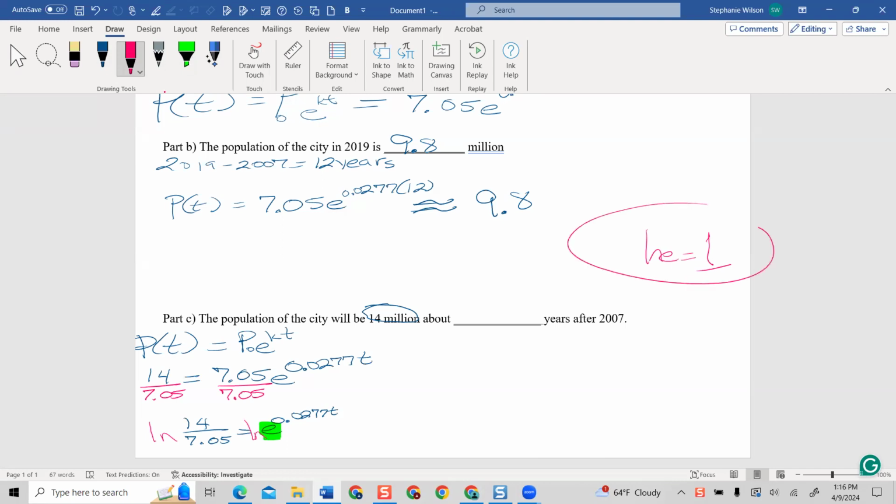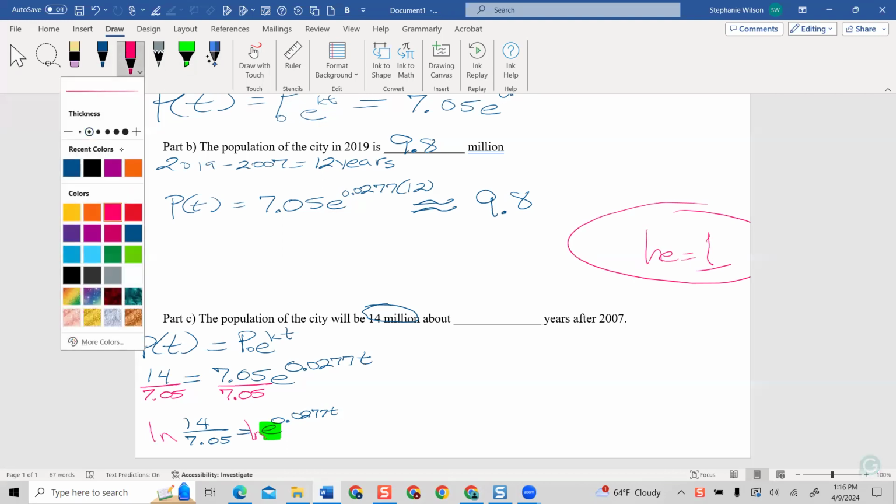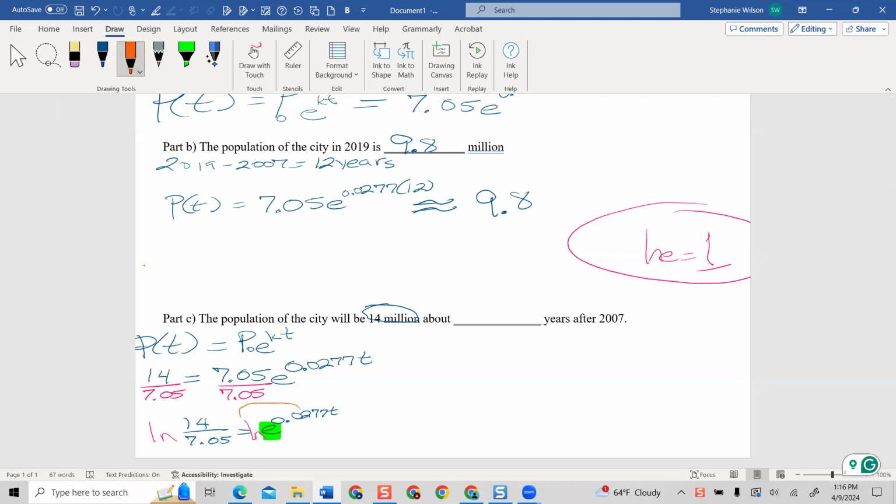Now, I just told you the natural log of e is 1, but in order to apply the natural log of e, that means I can apply the power rule, meaning the power comes to the front when you apply the natural log or the logarithm. So I'm going to rewrite this. So this is what I got.